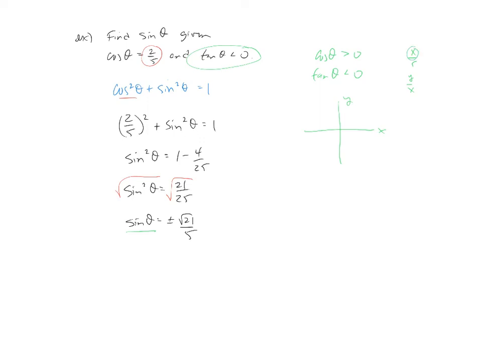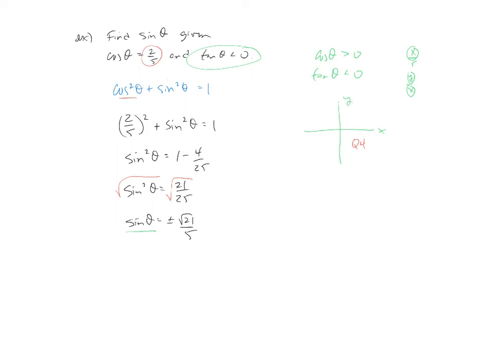Those x's and y's, those are all coordinates for ordered pairs. So that tells you which quadrants you're going to be in based upon them being positive or negative. So for cosine to be positive, that means our x has to be positive. And for tangent to be negative, that means the x and the y have to be opposite signs. So that puts us down here in quadrant 4.